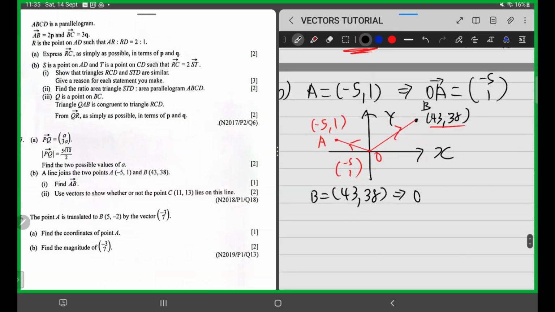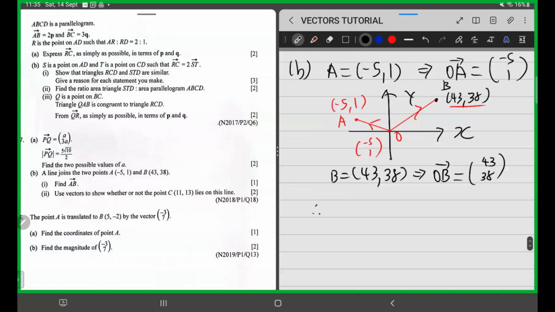Therefore, your position vector of B is (43, 38). Hence, if you want to find AB, you can walk from A to O and then O to B. Right? You can walk in this direction.